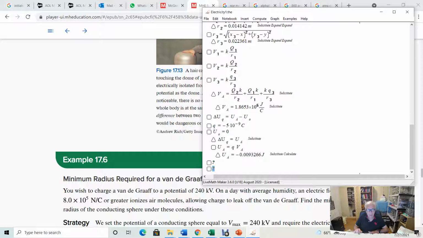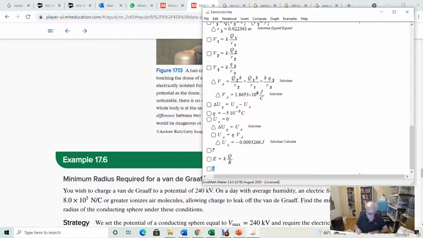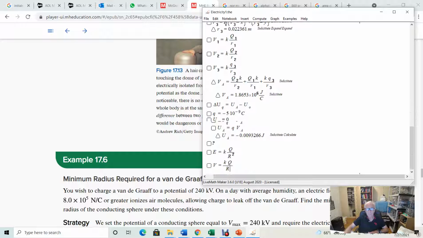Don't forget the electric field of your conductor is going to be KQ over R squared, right? The electric potential at the surface is KQ over R. And I want this field to be less than that value that you saw.